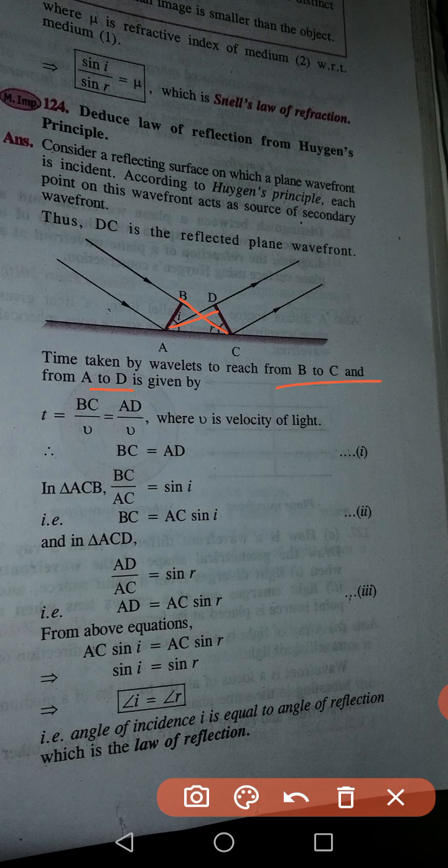Now, for time we have a formula, S equals Vt. So from this, t should be equal to S by V, meaning distance by velocity. For BC, the distance is BC itself, so this will be BC by V. Similarly, for AD the distance is AD only, so it is AD by V. So we can write this equation.